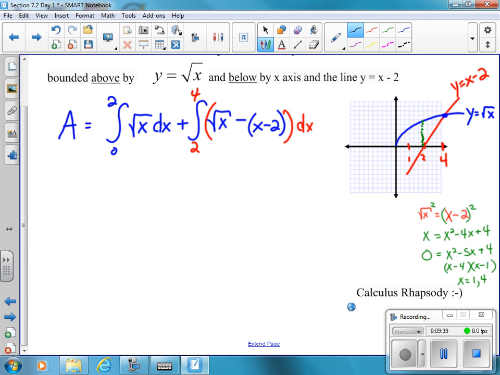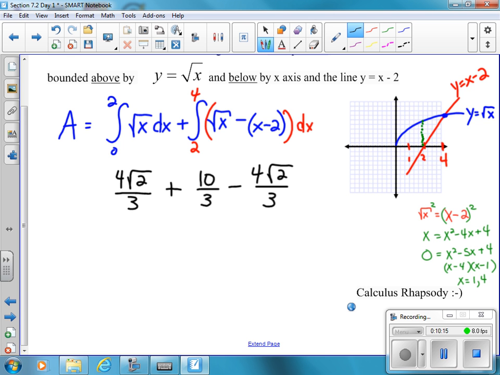Anyway, so if you add these two together, do the antiderivatives, add them together, which I'll leave you to do on your own, you get 10/3 minus 4 times the square root of 2 over 3. Actually, let me rewrite that. This is over here, and this one is 4 square root of 2 over 3.